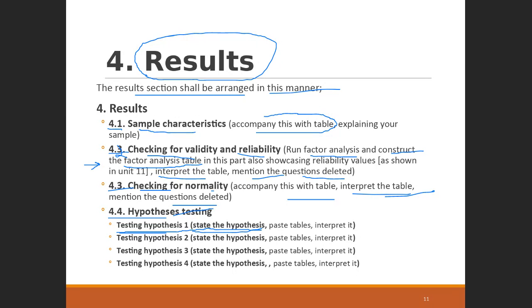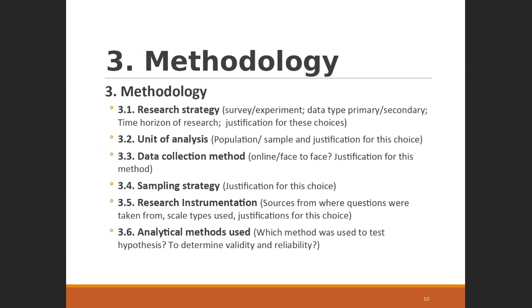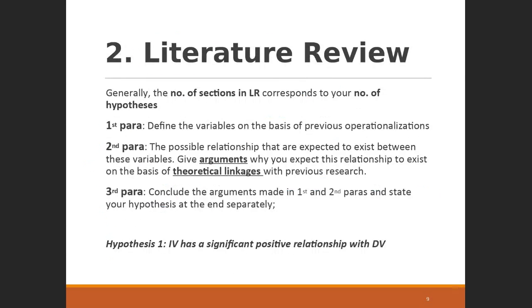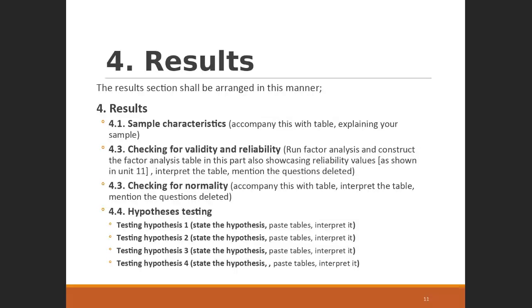Okay, you need to state your hypothesis because I don't want to go back to the literature review section and read what your hypotheses were. So you need to mention your hypothesis again here. The heading would be testing hypothesis one. In brackets you can write the statement of the hypothesis, then you can paste the tables and then interpret the table and just categorically tell us whether the relationship is significant or not.